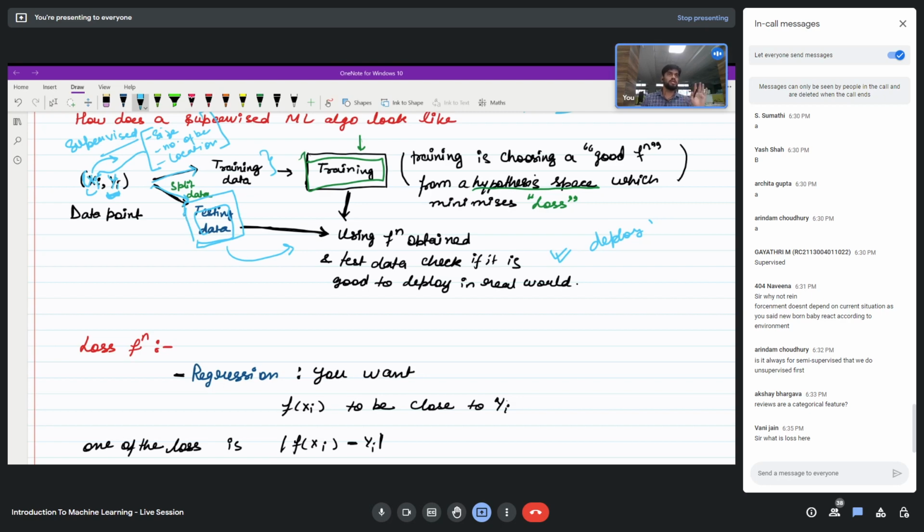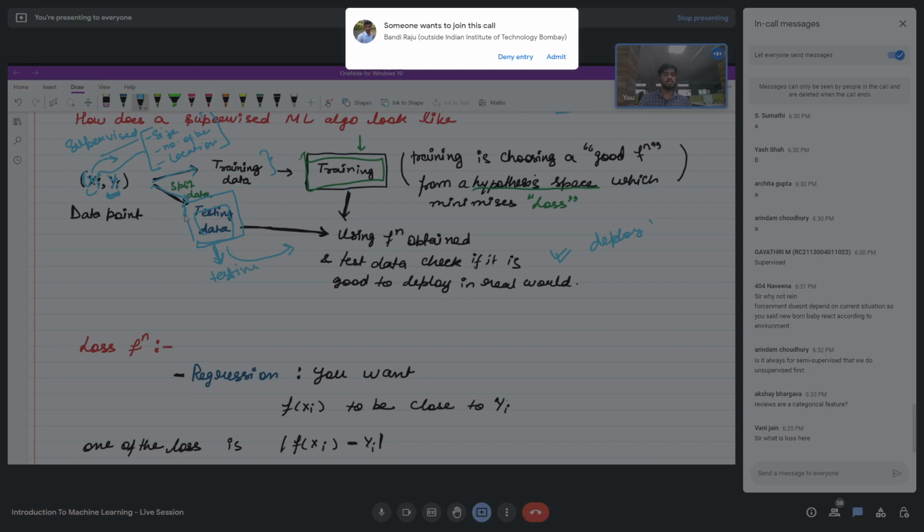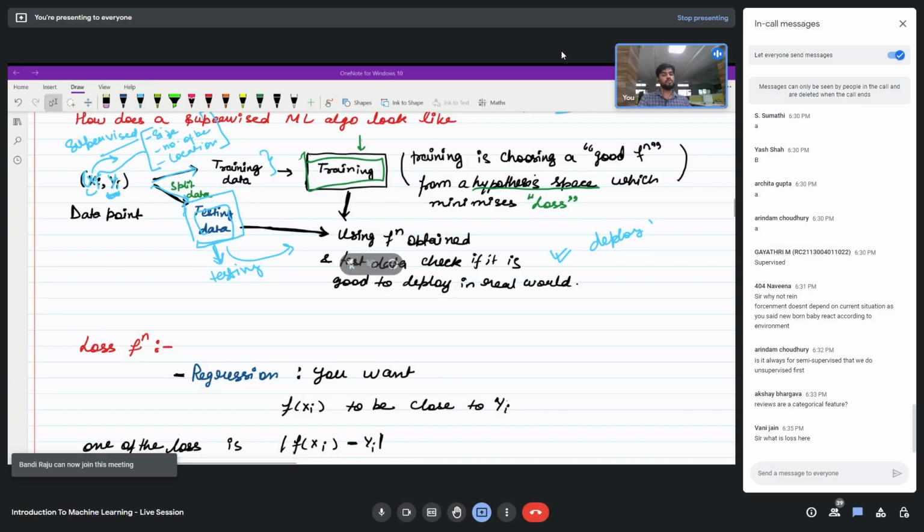A self-driving car can't see every situation in the world. It will come across many new scenes and it needs to act on those also, right? This is called testing. This is why testing data is helpful. You can test it on the testing data. If it is performing well enough on that, you can deploy it in the real world.